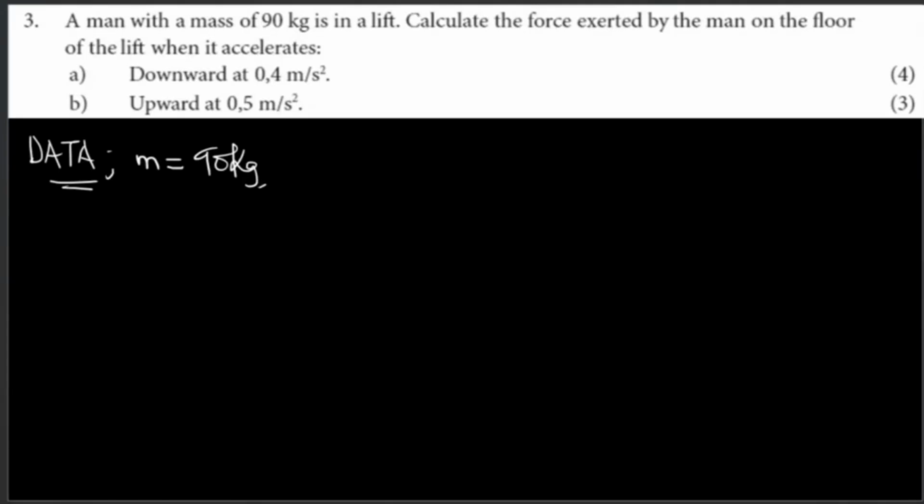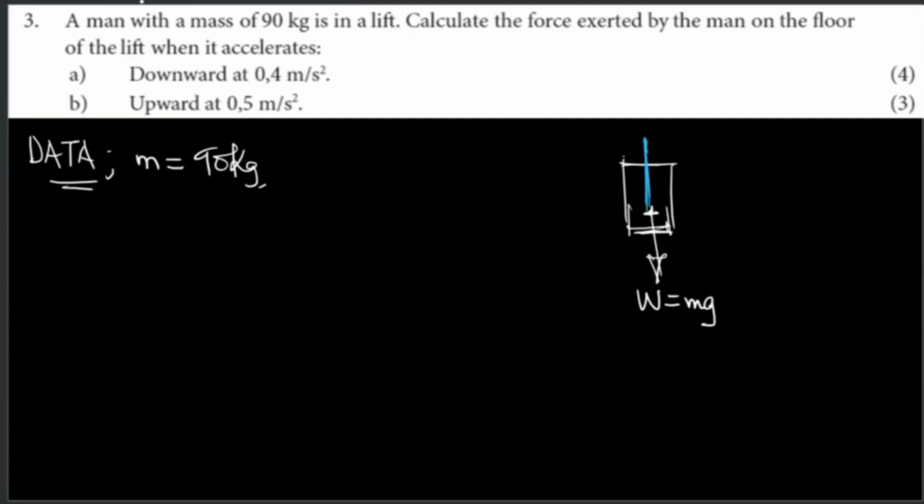Let's do some sketching here. Let's assume this is the lift. This is the mass, this is the weight of the man. And you know that for every action there is a reaction.